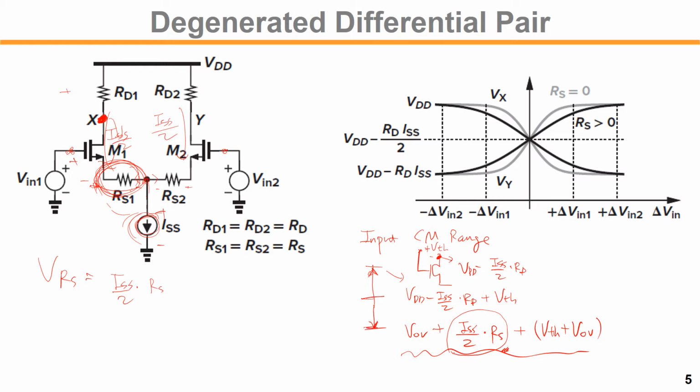Because the minimum input common mode is raised, the output lowest peak will also be affected, because the output minimum swing is related to the input common mode, right? Vin min versus Vin max.